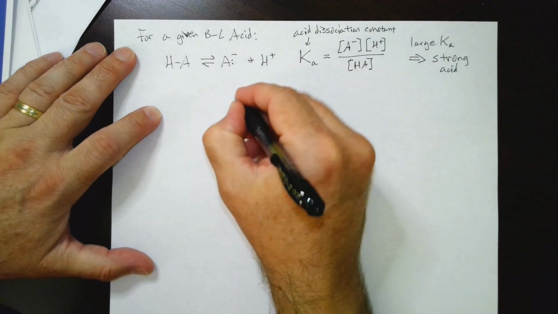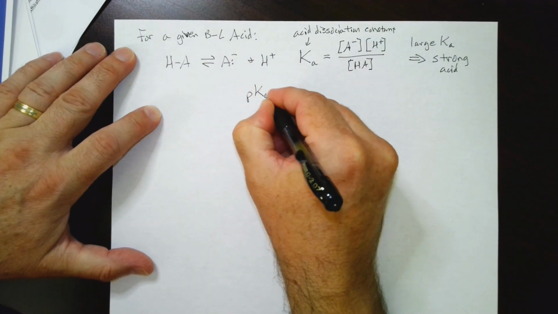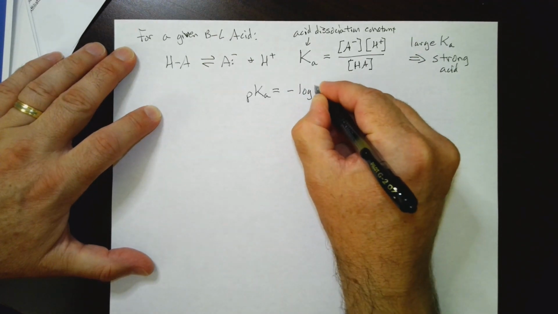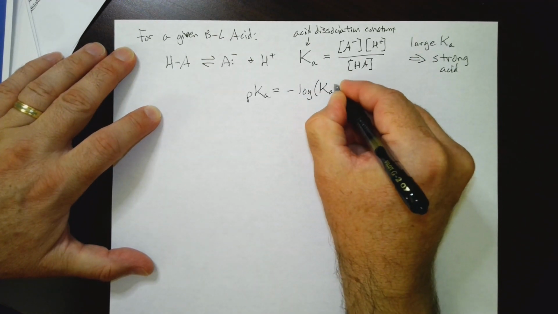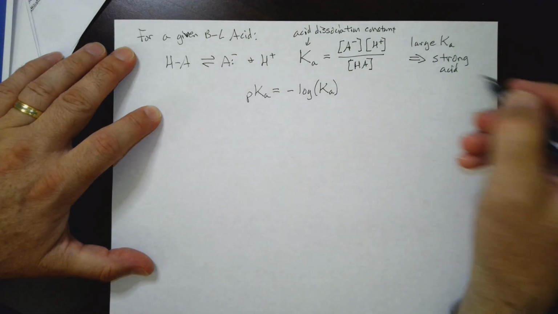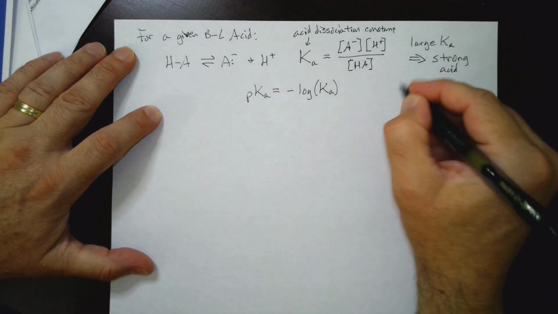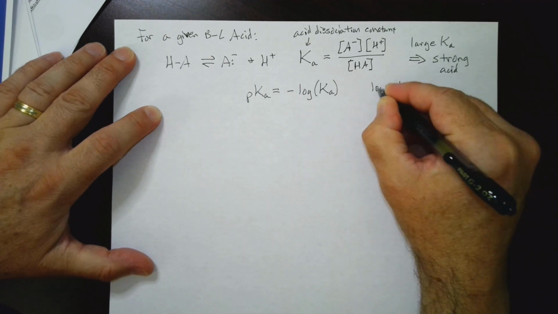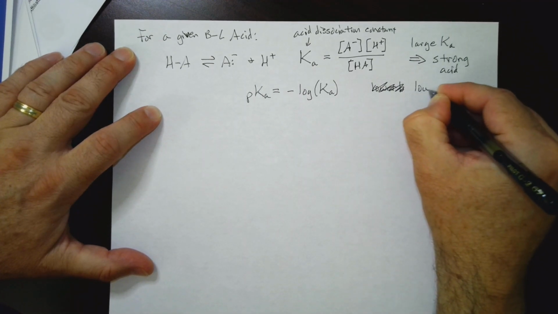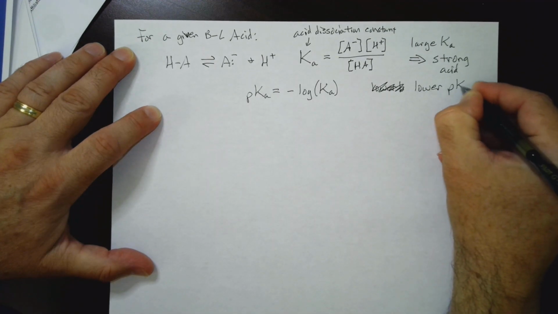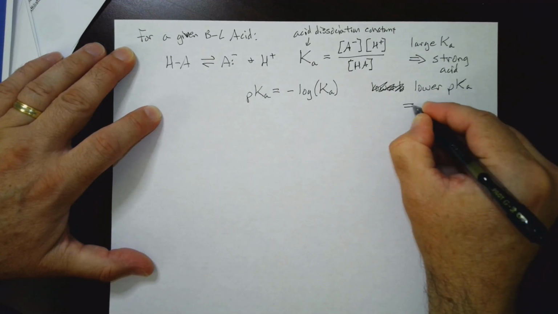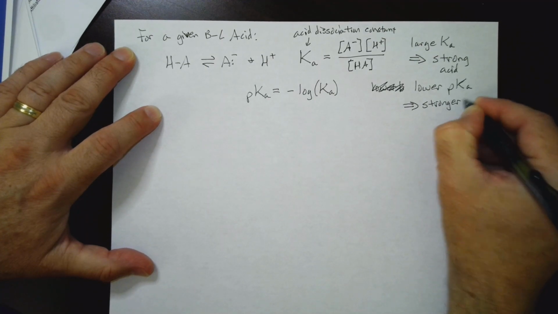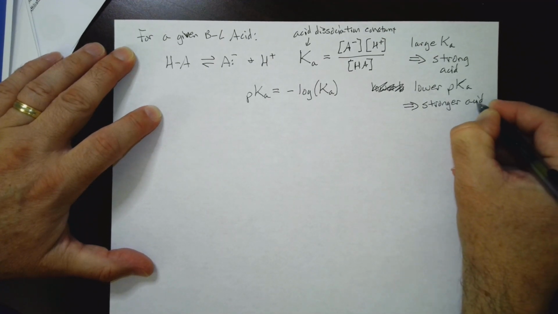Now there's another measure, something called pKa, which is equal to the negative log of Ka. And in this case, a lower pKa is a stronger acid.